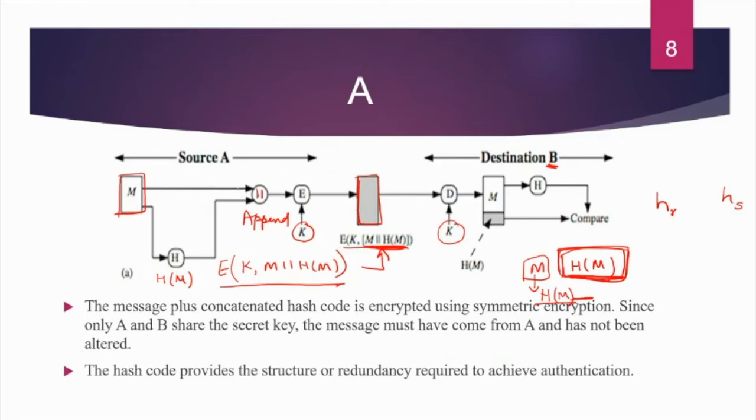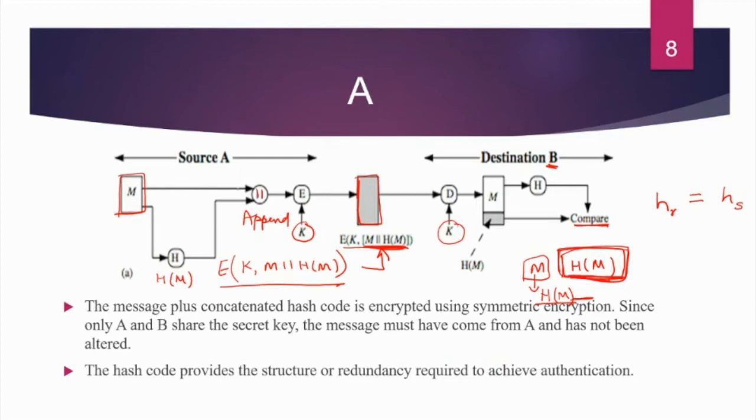Now a comparison will take place. If the hash value computed from the message at the receiver's end is equal to the hash value attached with the message itself, we can say that yes, the message is authentic.